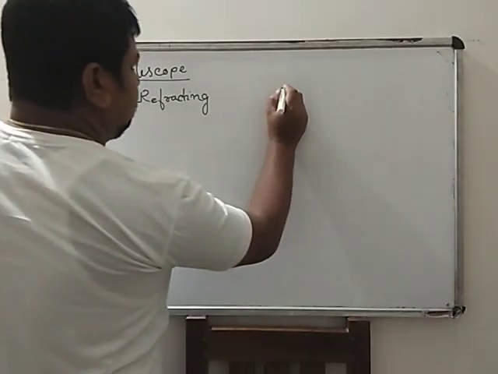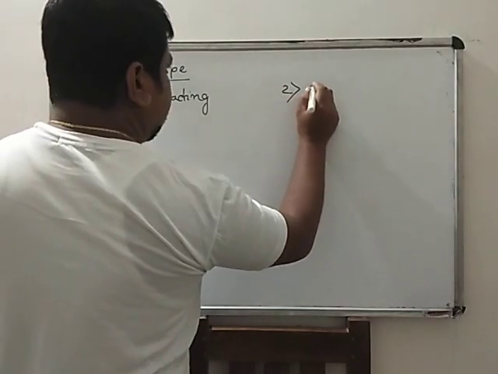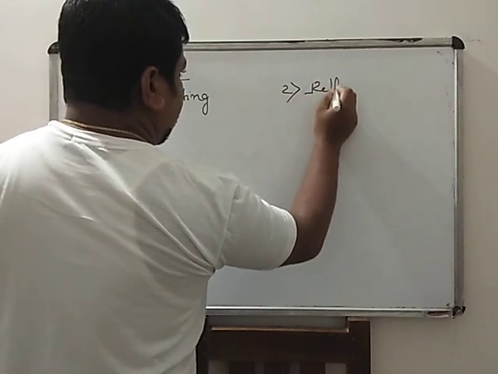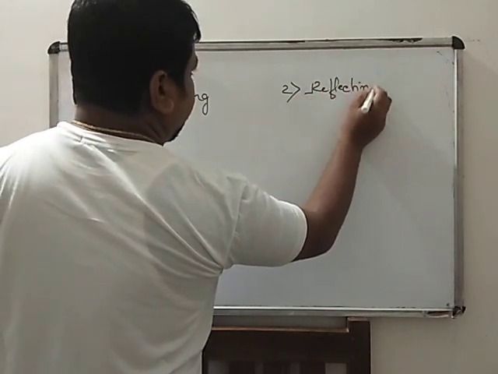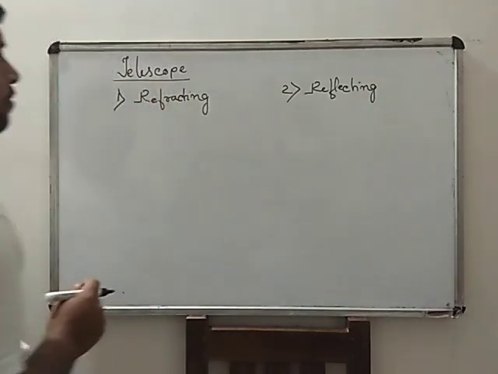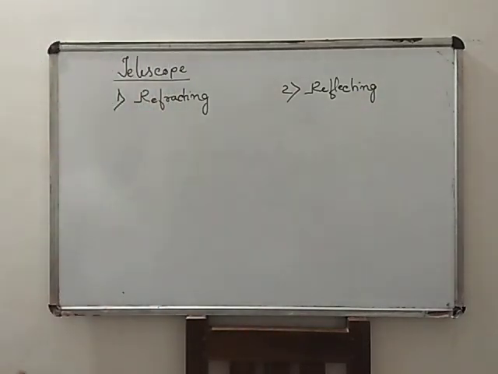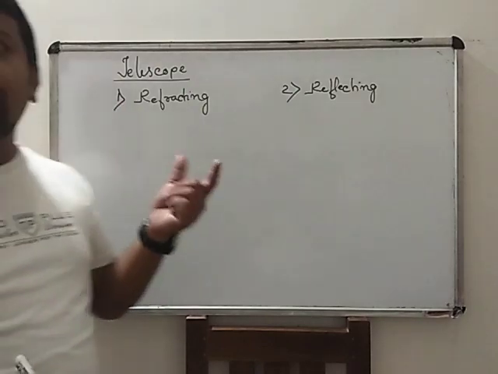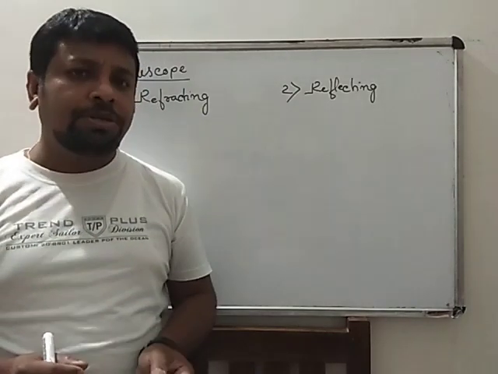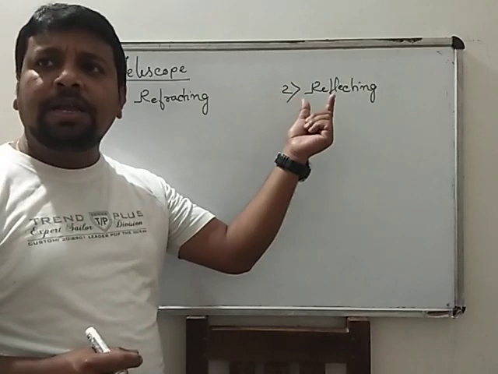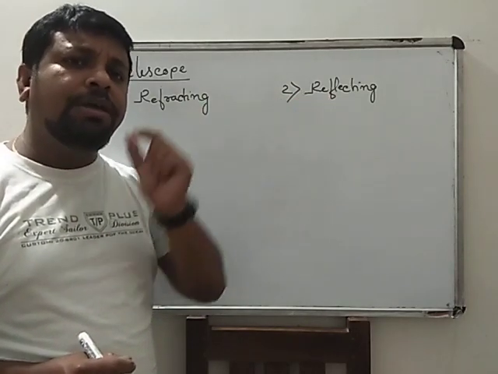And the second one is the reflecting telescope. In the refracting telescope lenses are used, and in the reflecting telescope mirrors are used.